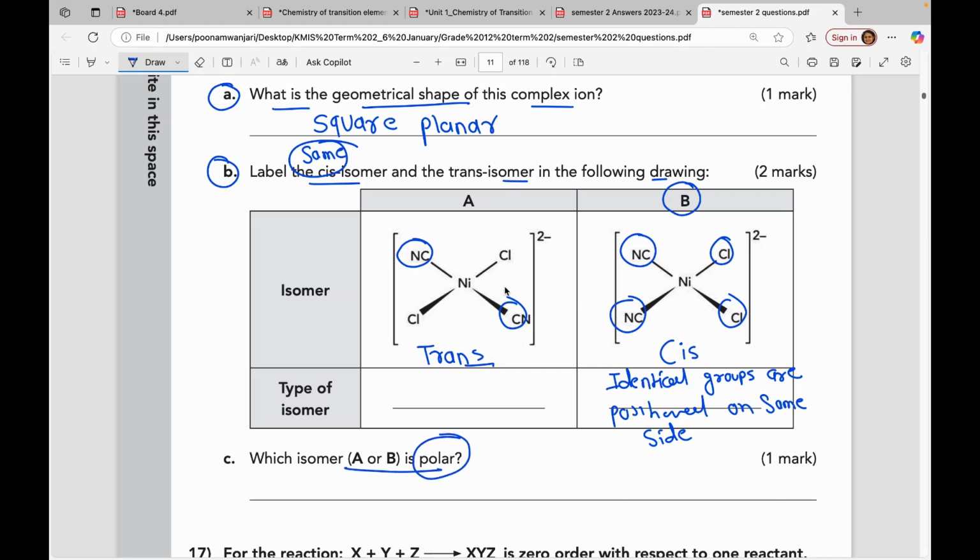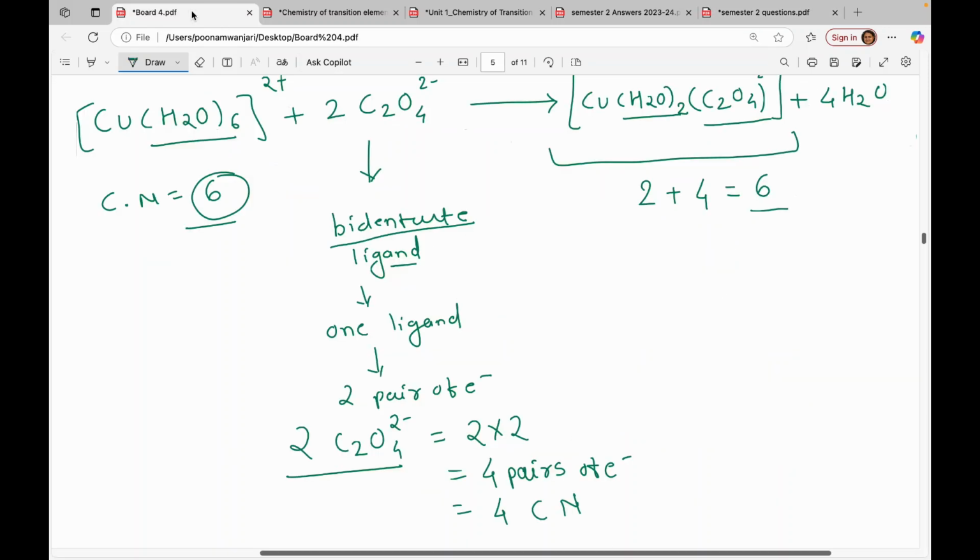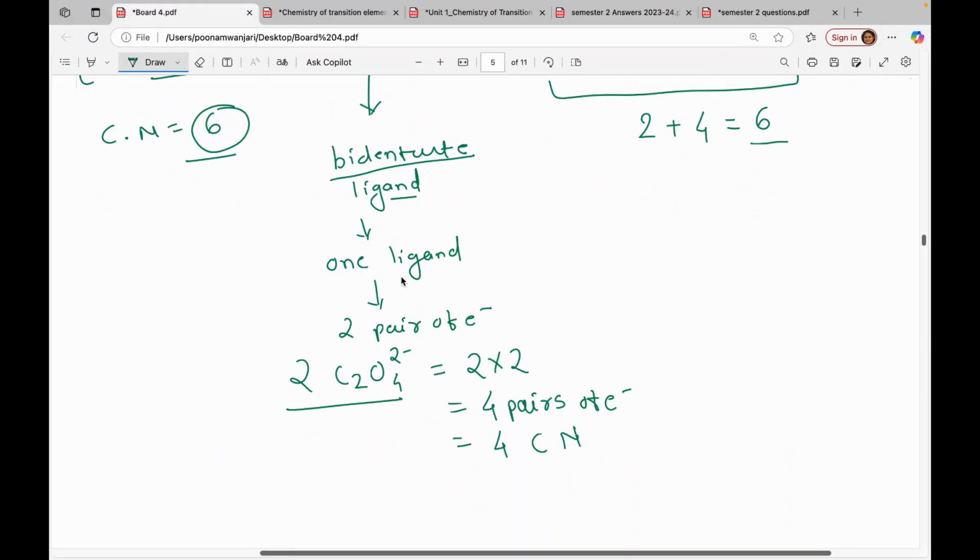To identify polarity in a given molecule, we should understand the concept of dipole. In a very easy way we can understand this concept of dipole. If I take a simple example of HCl, we know that H is electropositive and chlorine is electronegative, so it is partial negative on chlorine and partial positive on hydrogen, and the polarity will shift towards the chloride ion.